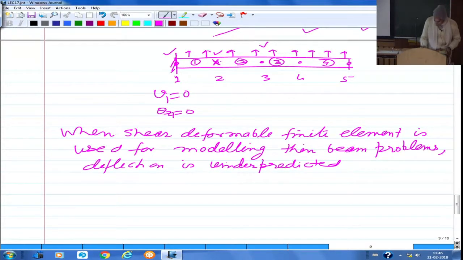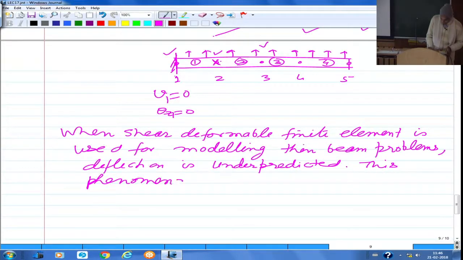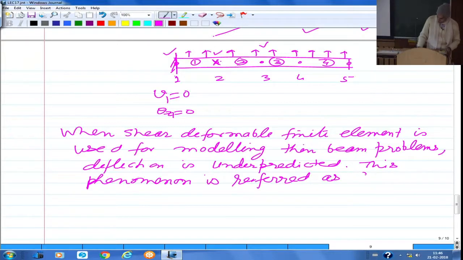This phenomenon, which is a modeling problem, is referred to as shear locking or transverse shear locking.